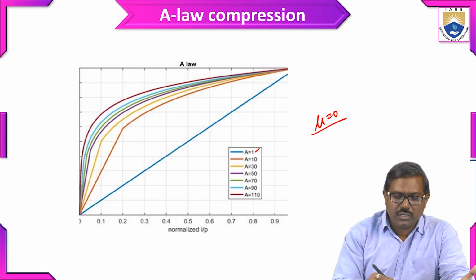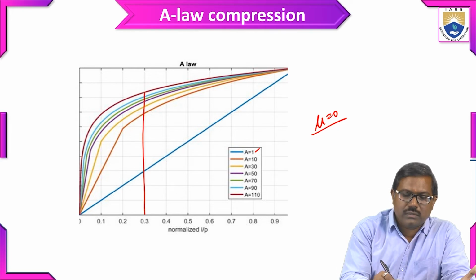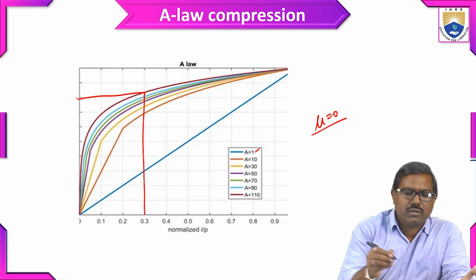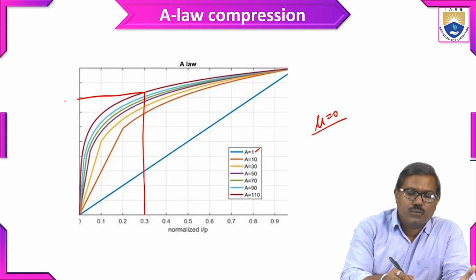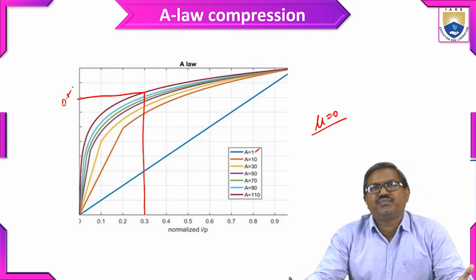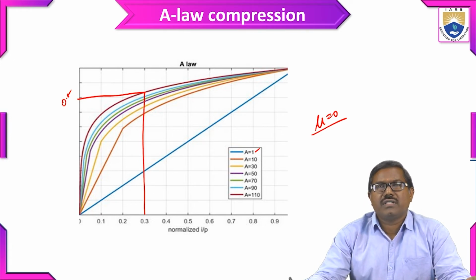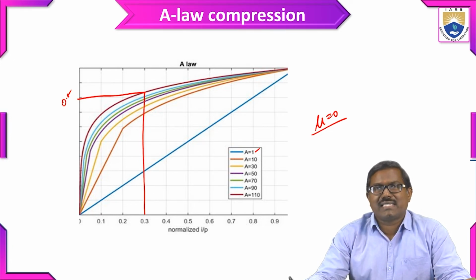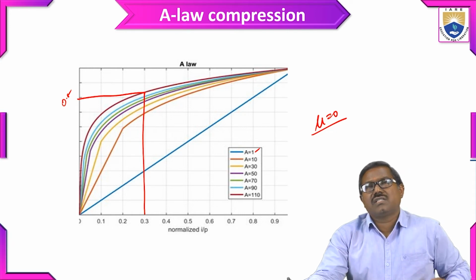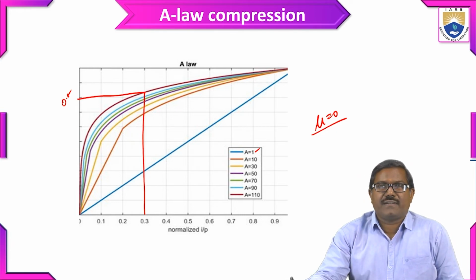So here also you can see from 0.3 to some 0.8 value, more compression is done. As the value increases, the compression is going to increase. So this is A-law compression.